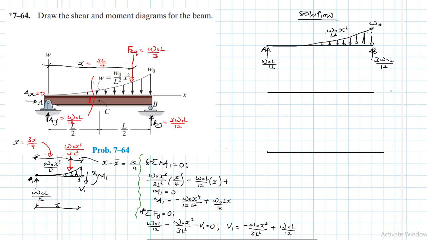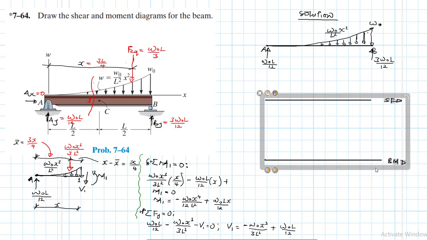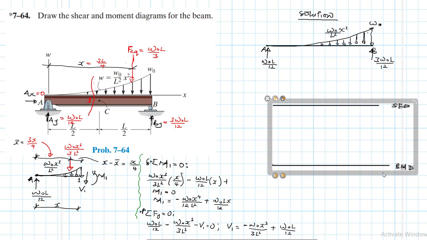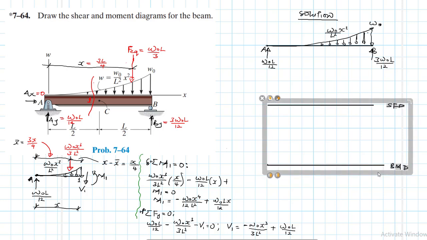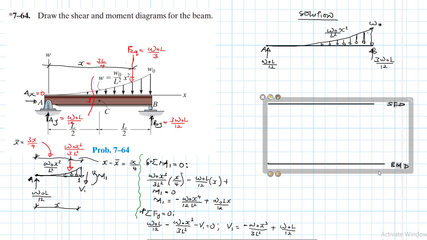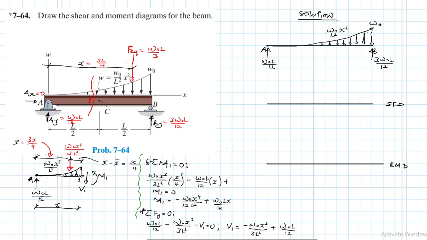Okay, so we have the shear force diagram, we have the bending moment diagram. Can I move them a bit down? I think so, maybe just a bit down, maybe right here is better. Okay, like so.